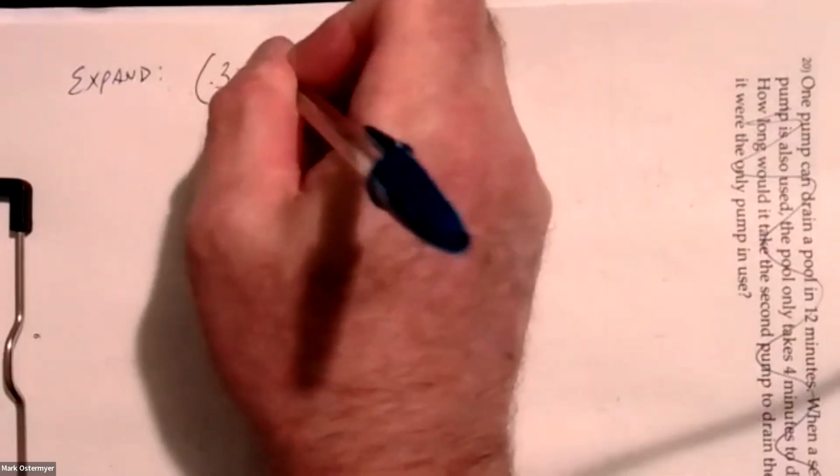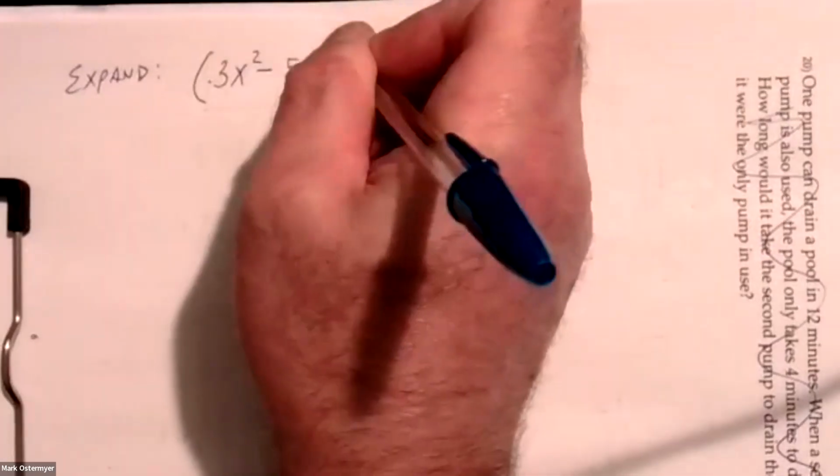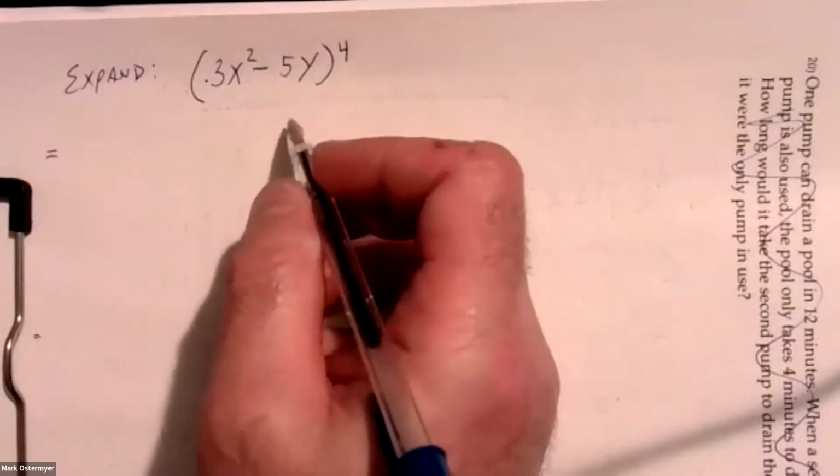Let's try to expand. Now, all right, so we'll try to expand 3x squared minus 5y to the 4th power. All right, using the binomial theorem. So the first coefficient is going to be 4 in combination with 0.